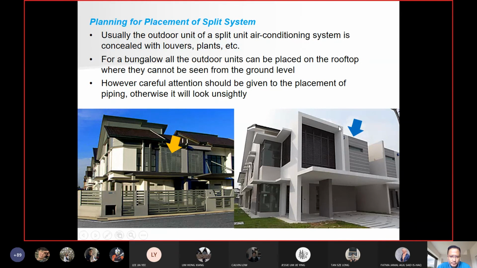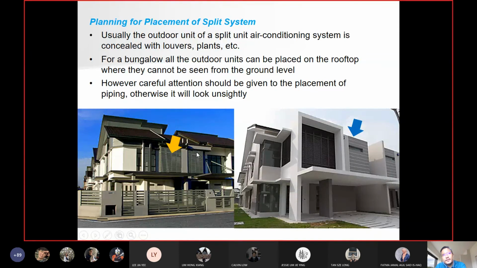So nowadays, if you look at the modern terrace house or modern bungalow design, right, quite often you can see this kind of louvers in front of the house, okay, on the side. But actually, one of the purpose of that louvers, okay, other than sometimes it looks quite nice to have louvers, right?